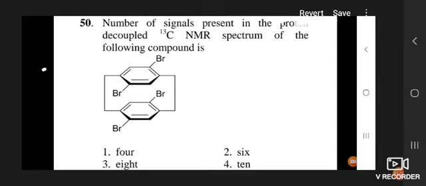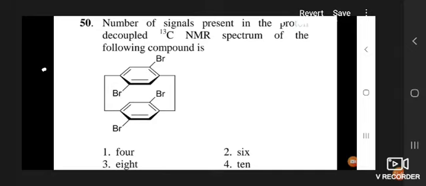Now here the question is very simple: number of signals present in the proton decoupled C13 NMR spectrum of the following compound. What you have to do is use the concept of symmetry. That means you use a plane of symmetry or center of symmetry, and on that basis you can find the different sets or groups of carbon, and by counting the different groups of carbon you can say the number of signals in the C13 NMR spectrum.